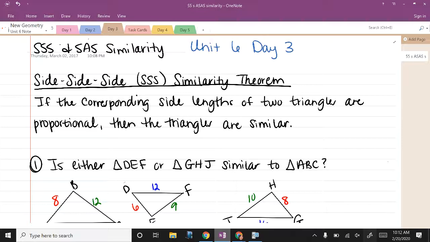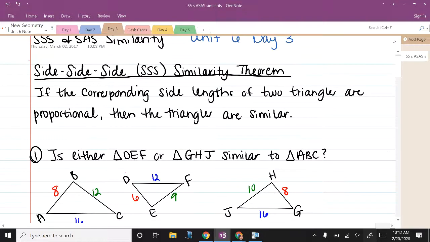All right. So today we're going to do it by side, side, side similarity to start with. And we know that in similar triangles, the sides are what to each other? Proportional. Okay?